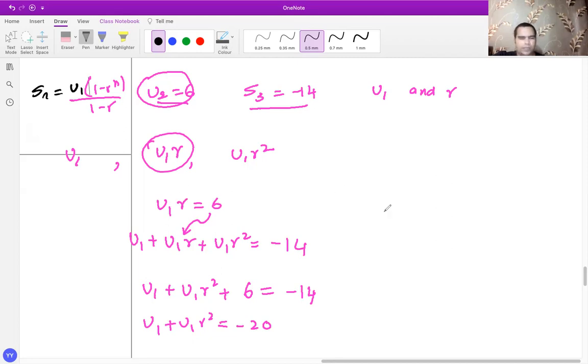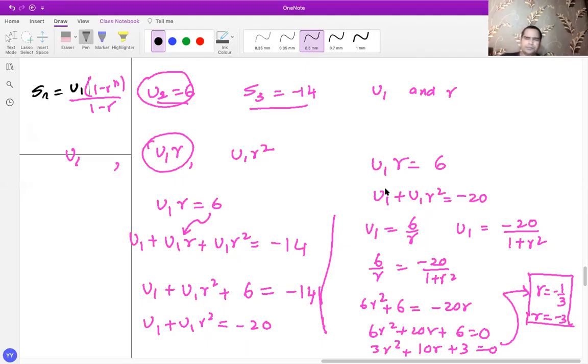So now we have two equations: u1r is 6 and u1 plus u1r squared is negative 20. After this step, we make u1 the subject of the formula. So u1 will be 6 over r, which is this. And if you take u1 common from here, you'll get negative 20 over 1 plus r squared.